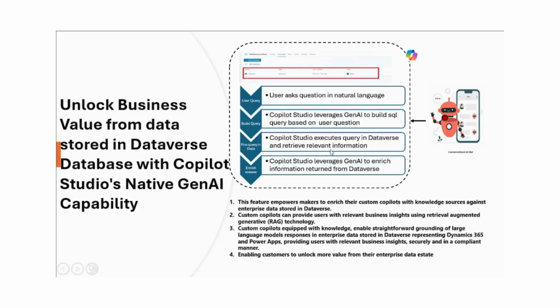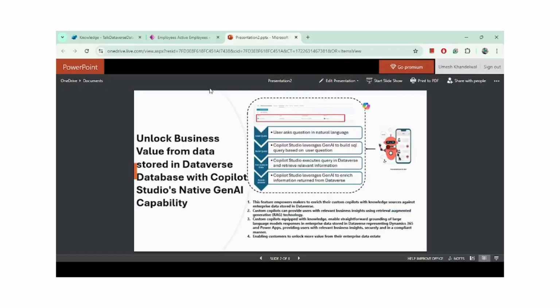Then it will fire that query against the Dataverse DB and retrieve the relevant information. To enrich the answer, it will call the GenAI model again and summarize the information. So let me go ahead and show you the demo.